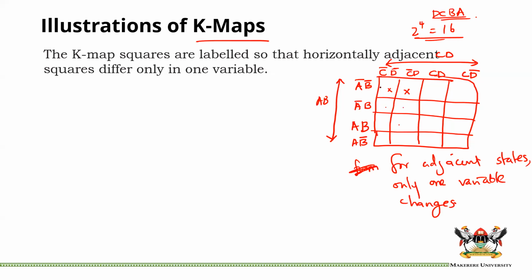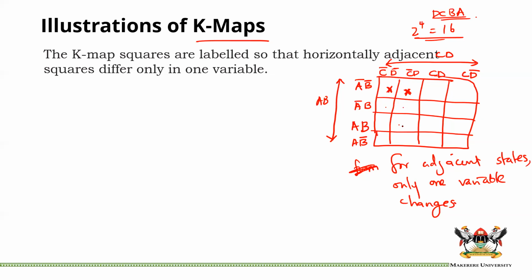What do I mean here? If I'm moving from this box to this box, A inverse B inverse stays the same because all these boxes mean A inverse B inverse. But on the upper side, if I move from this point to that point, you have C inverse D inverse here and C inverse D there. There is only one change in state, which is D, which has changed from D inverse to D. Adjacent means like neighbor.